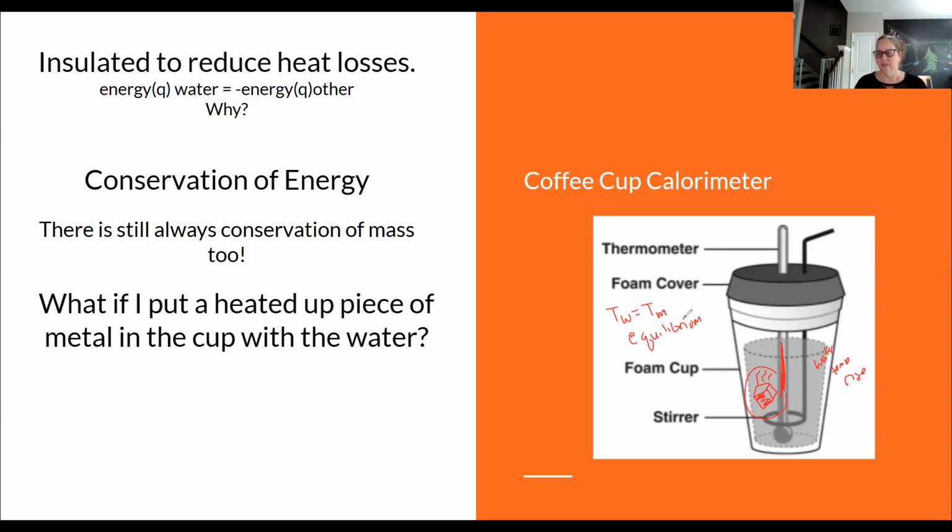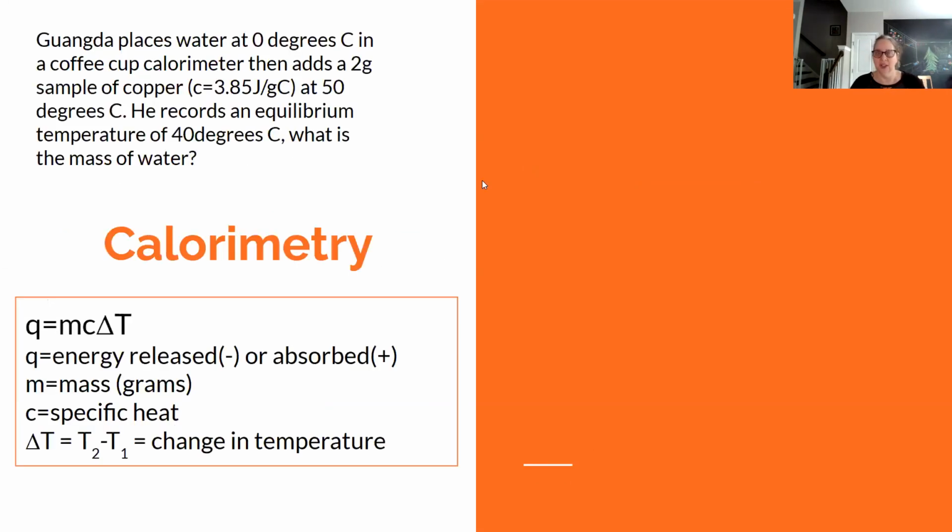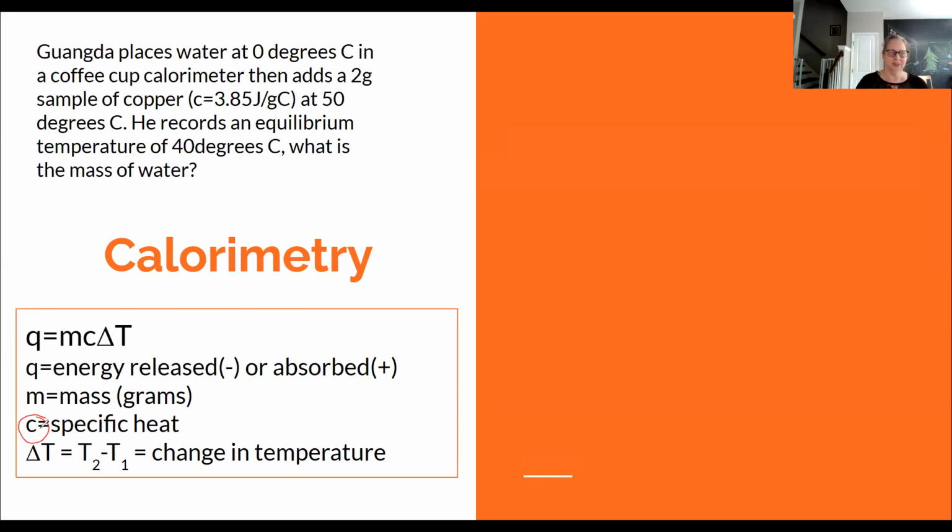The temperatures have matched or are balanced. Okay, and so that's where we can come back in and use that equation to help us find all sorts of different information, including what type of metal we put in there, because we could solve for the specific heat of the metal to find our answer.